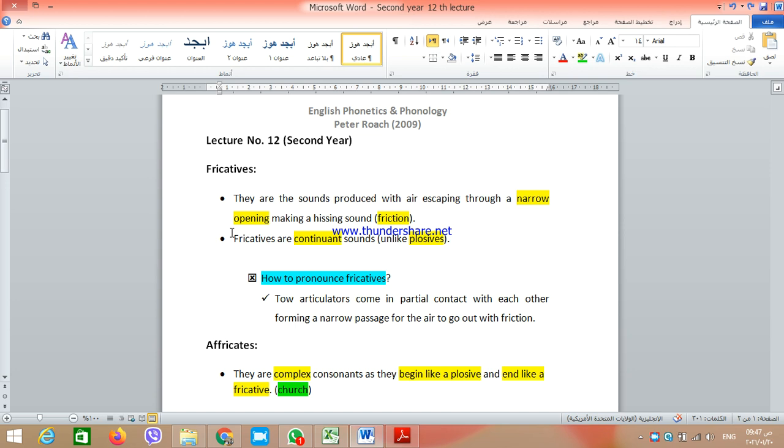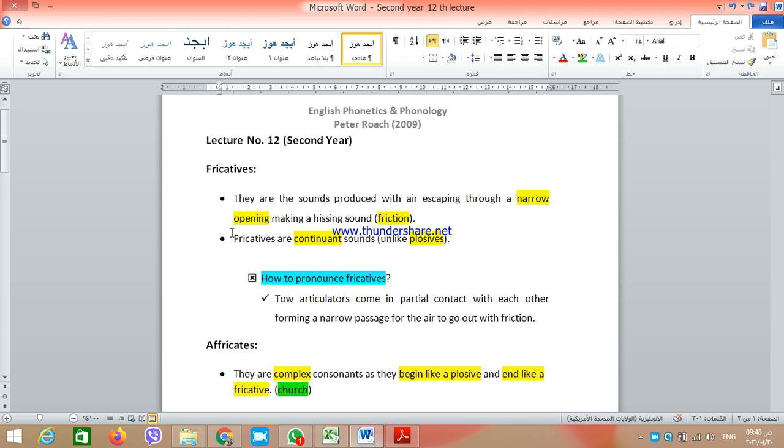So if we take an example, the fricative sound f, we can take a deep breath and pronounce f. We are going to pronounce it as long as we have air in our lungs. I'm going to try now. So you can feel that the sound is going on and the air passage is flowing without being stopped.